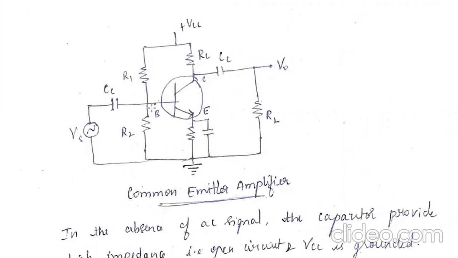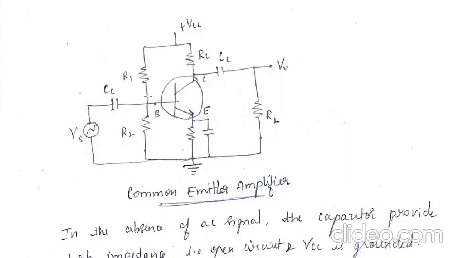Now let us see the conditions for doing the DC analysis of a circuit. To do the DC analysis of any amplifier circuit, certain conditions must be followed. The first is that the DC analysis is done under no AC signal condition. That is, the AC signal must be equal to 0, or no AC signal should be applied to the circuit.